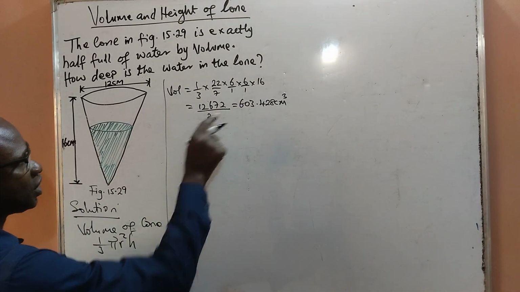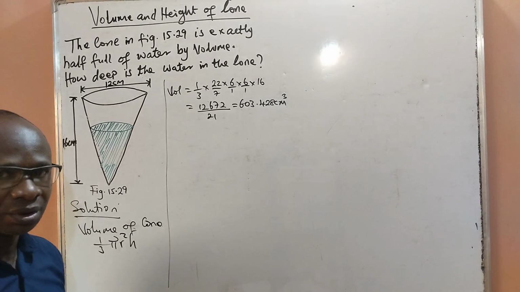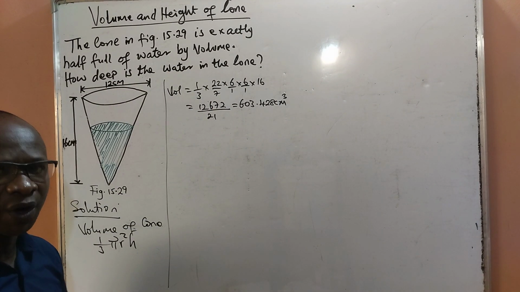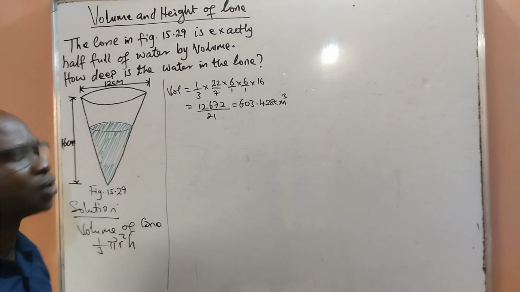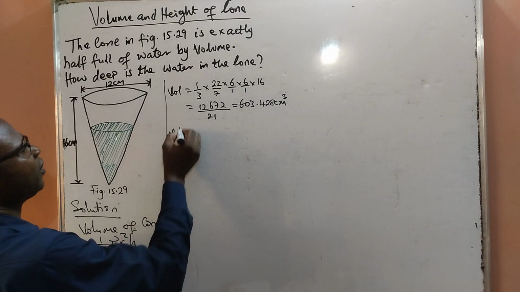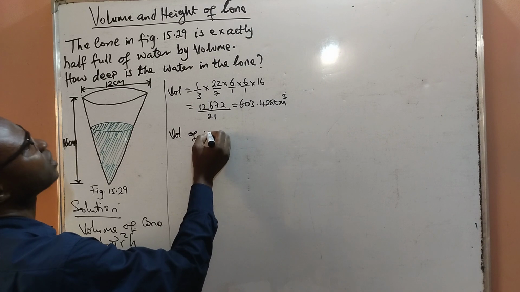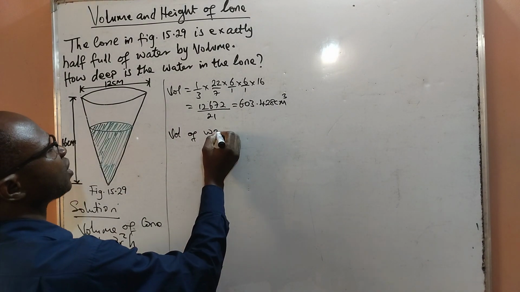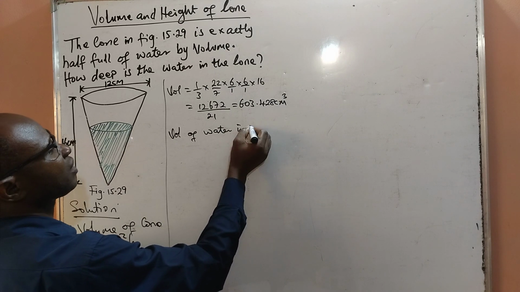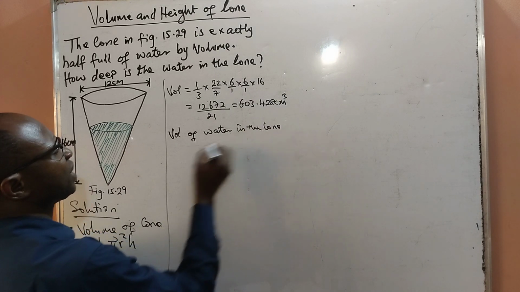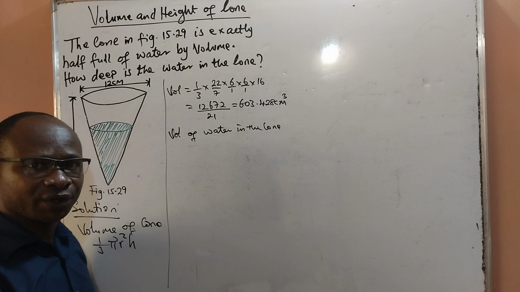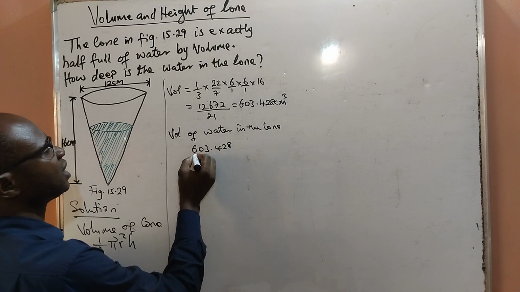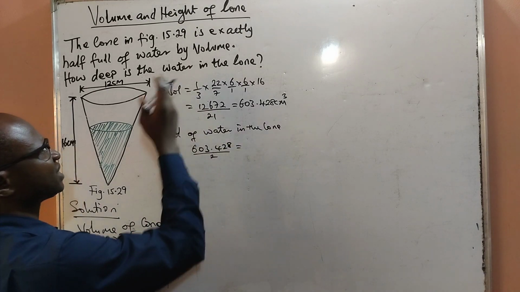Now, I am going to divide the volume of the cone by 2, since it is half full of water, so that I can know the volume of water in the cone. Volume of water in the cone will now be the entire volume of the cone, which is 603.428 divided by 2, since it is half full of water.